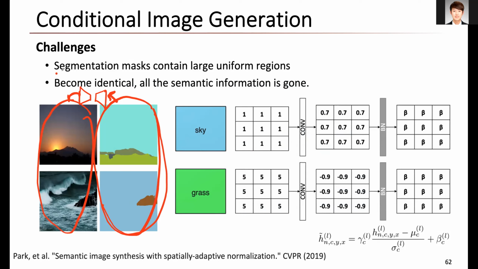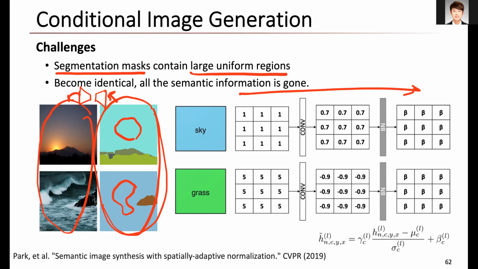First of all, segmentation masks contain large uniform regions, such as sky or grass. So when we apply the conventional convolutional module to this segmentation map, it may become identical, or the semantic information is gone. What does it mean? Let's suppose that this is a sky region and this is a grass region. Maybe they are annotated by index 1 or 5.